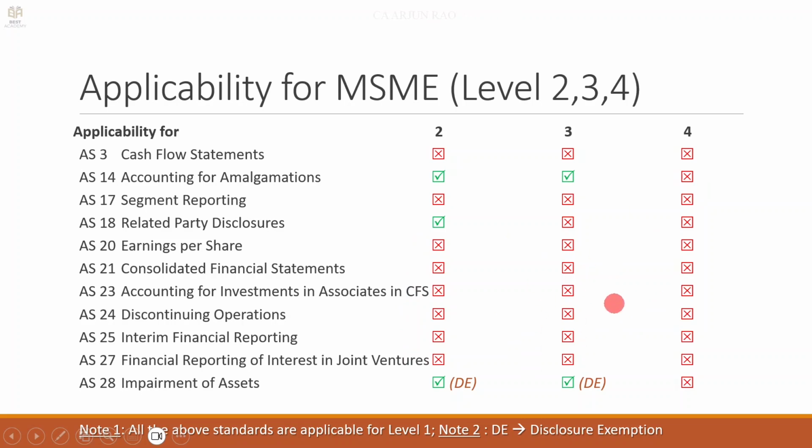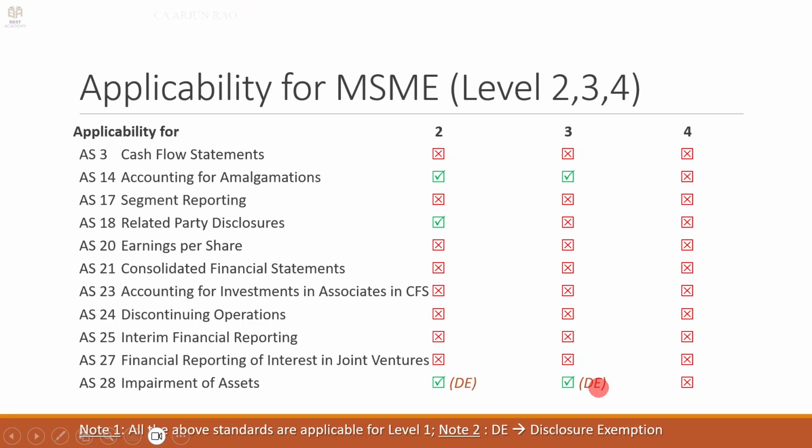All these standards have 100% exemption, that is the entire standard is not applicable. Here and there it is applicable, that is AS 14 for levels 2 and 3, AS 18 for level 2, AS 28 for levels 2 and 3, and even in AS 28 there are some disclosure exemptions.